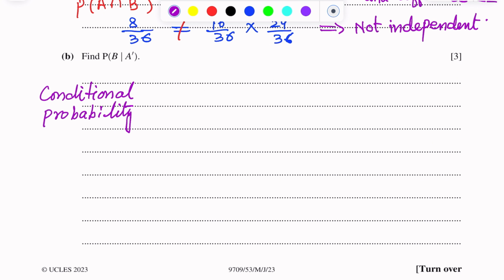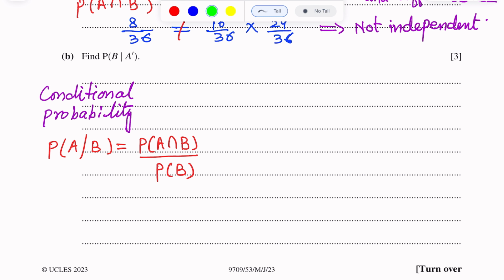For two events A and B, probability of event A given B is equal to probability of A intersection B over probability of B. This is the general formula for conditional probability.